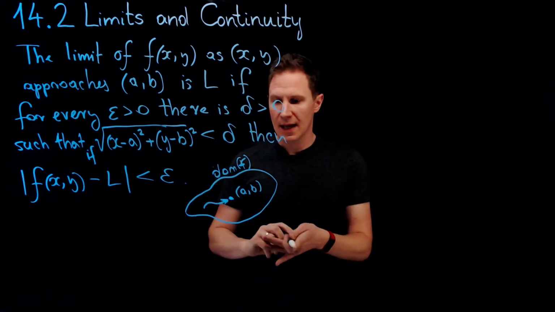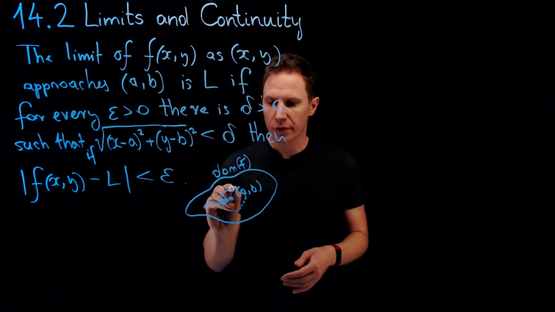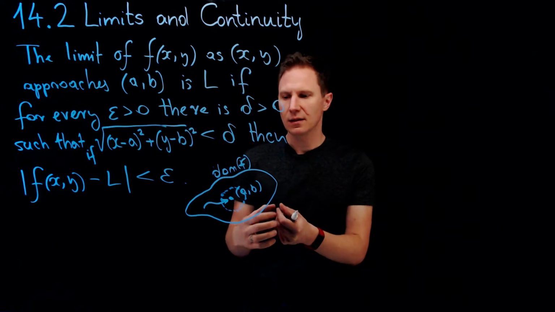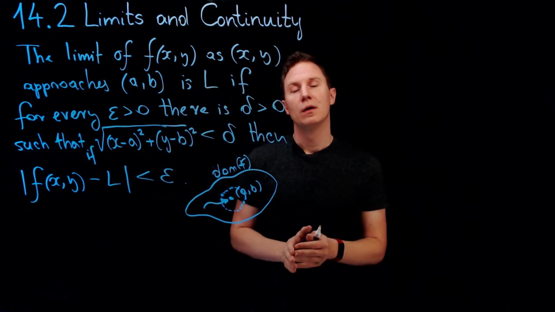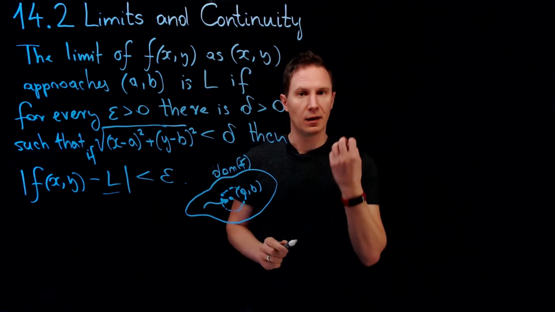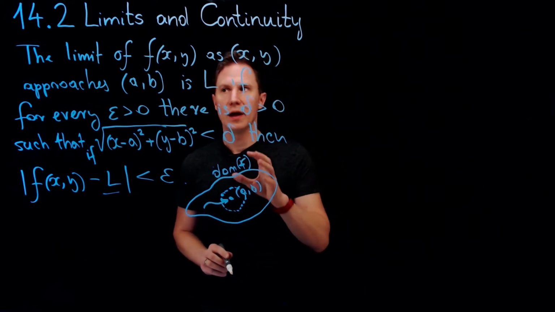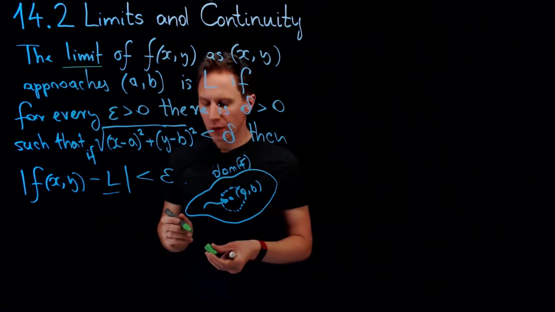There is a certain circle of radius delta, and when you enter that circle with your (x, y), the function's value will be closer to the number L than epsilon.